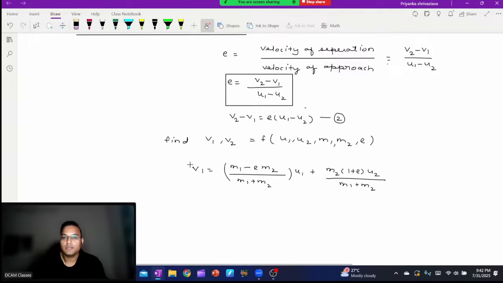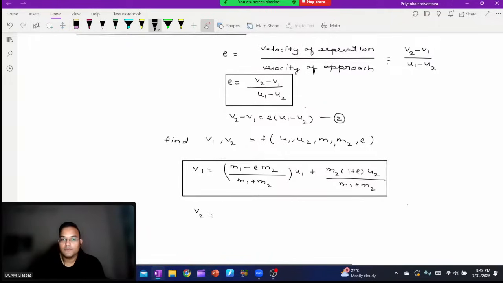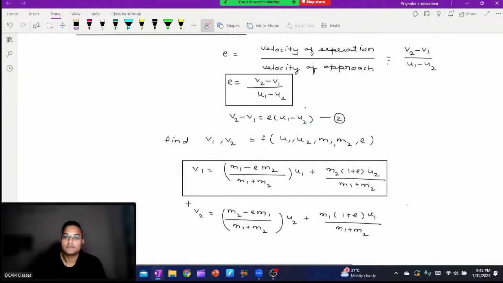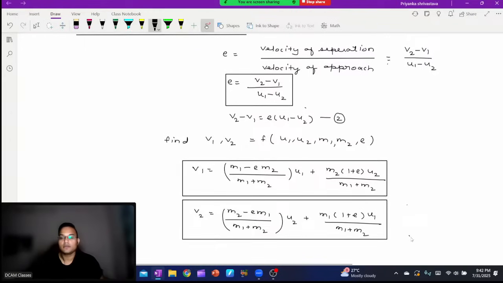This should be your velocity v1. Similarly, v2 will be (m2 minus e m1) by (m1 plus m2) into u2, plus m1 into (1 plus e) into u1 by (m1 plus m2). Like this, you should get the result. Just check whether you are getting this result or not.